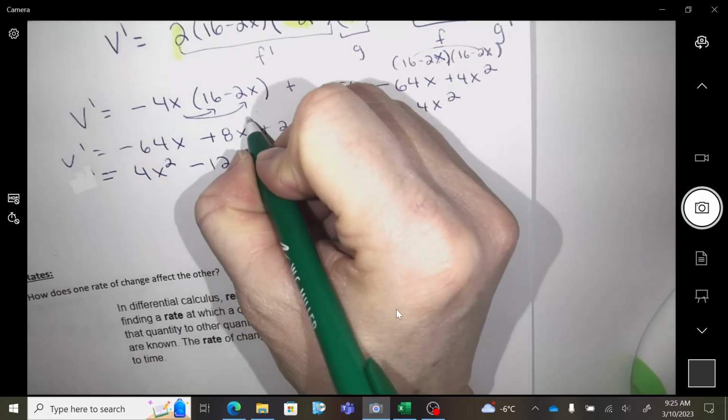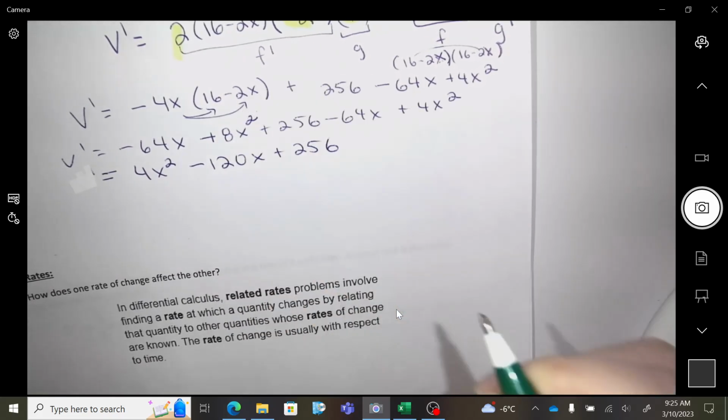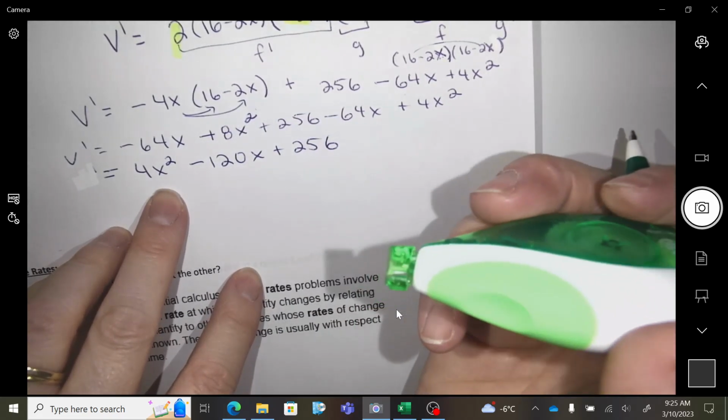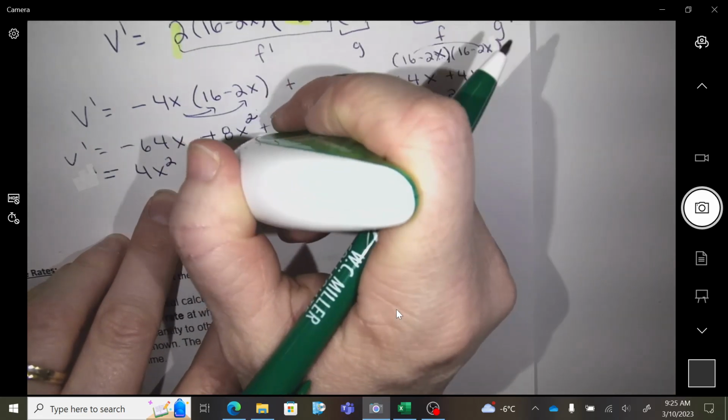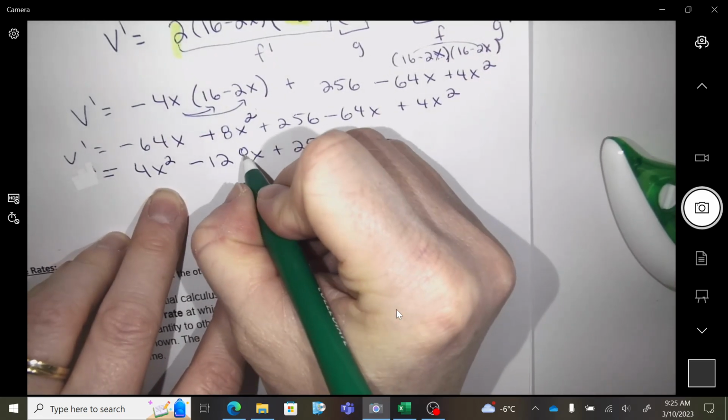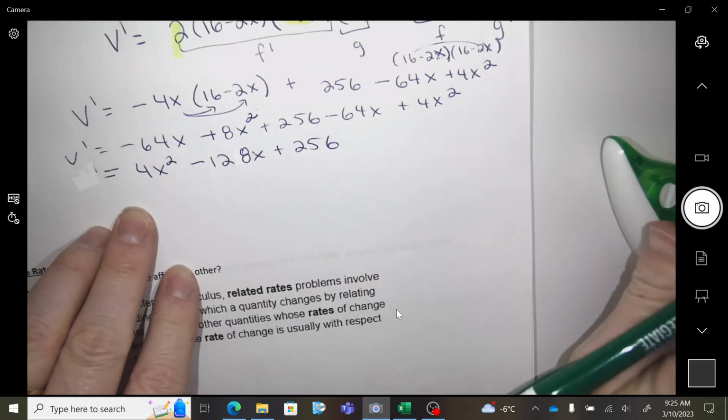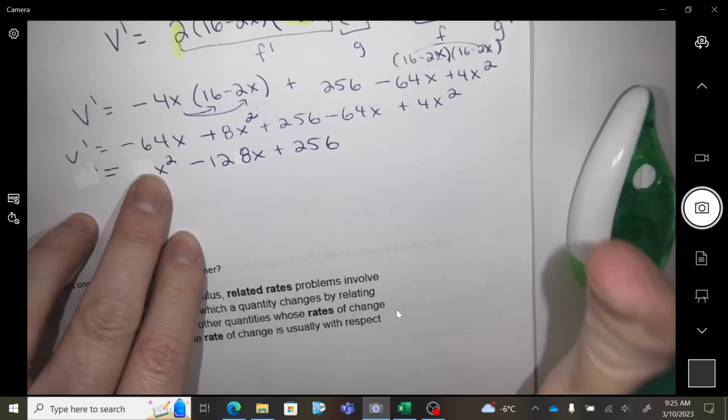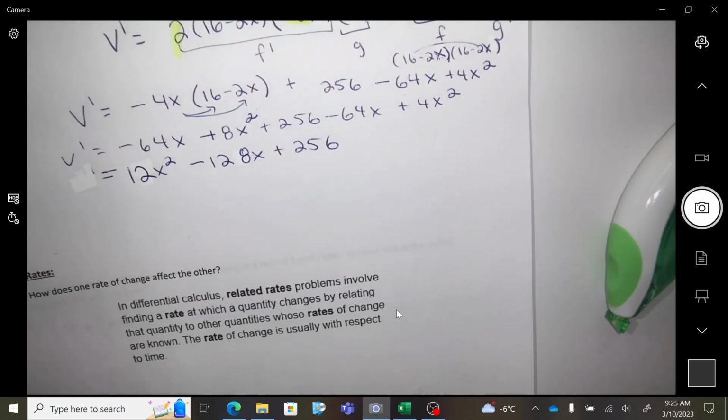Right here I made my mistake, right? Plus 8x squared. So then, is this 128? And then this is 12x squared. There. I got a match with a bunch of people now? Okay. I'm going to set that to 0.